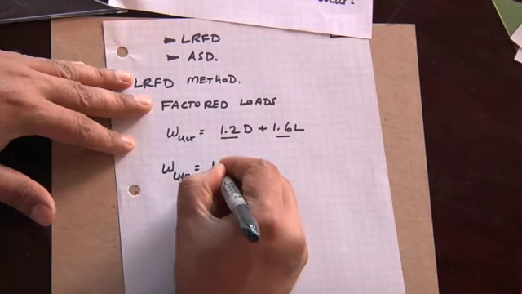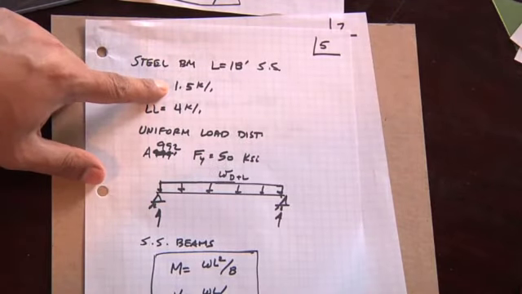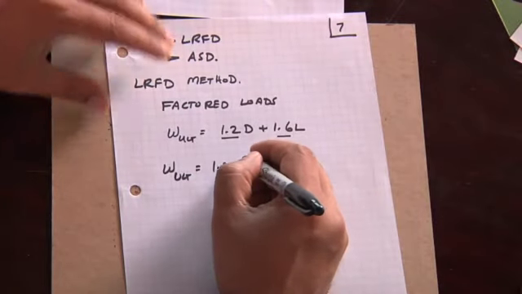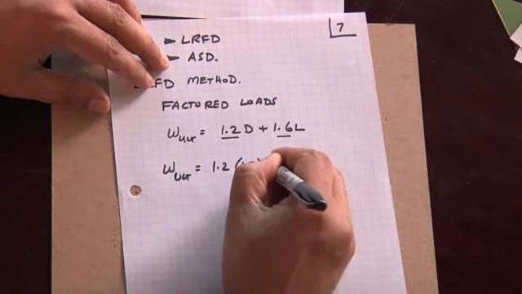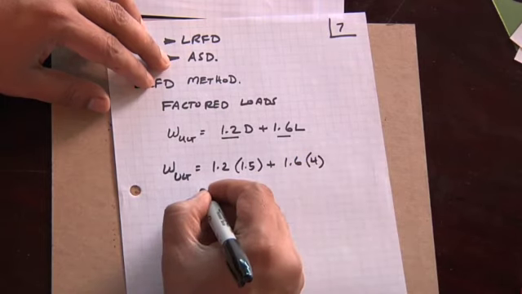So our ultimate load is 1.2 times the dead load. What was the dead load? The dead load was 1.5 kips per foot, and the live load was 4 kips per foot. So 1.2 times 1.5 plus 1.6 times 4.